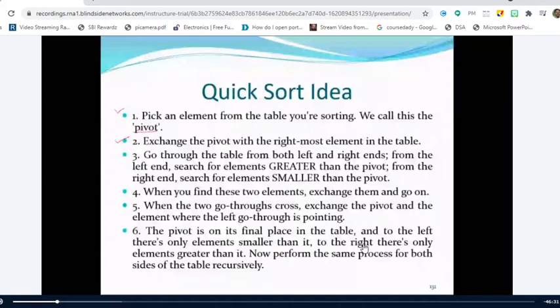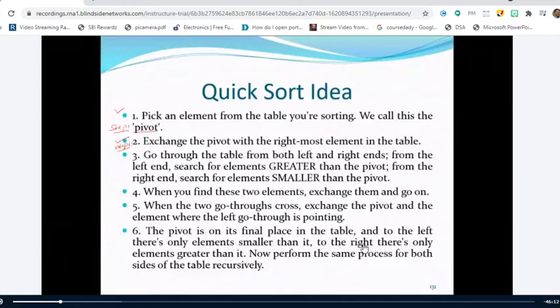The first step is you select the pivot element. Second step is you have to place the pivot element either in the leftmost end or in the rightmost end of the given list of elements, right? And as I told, this is an optional step. If you select the first element as the pivot element, then there is no need to shift that element.